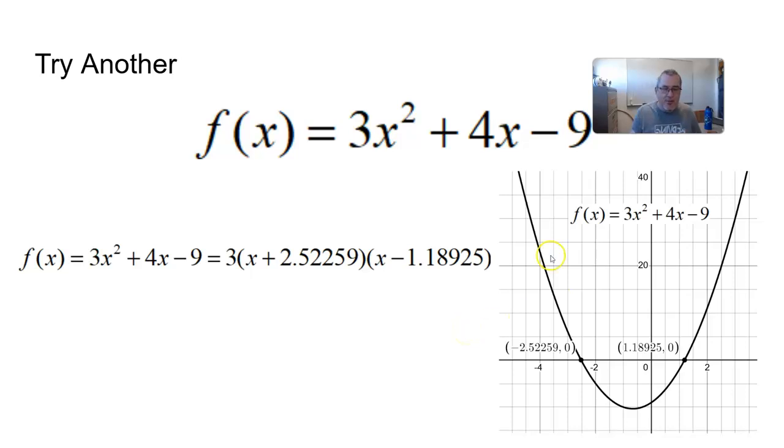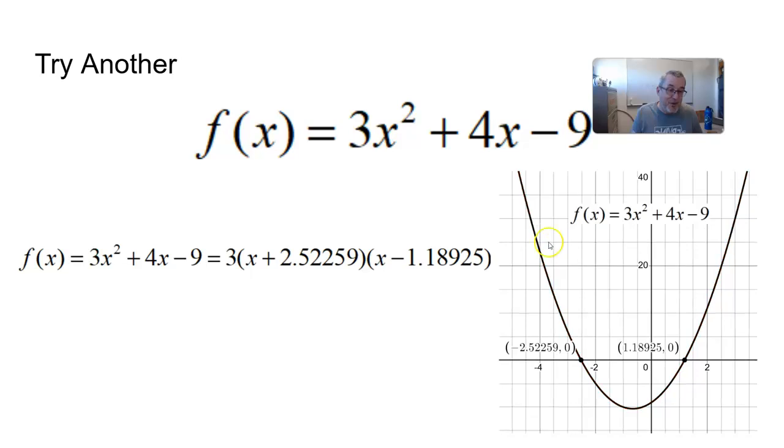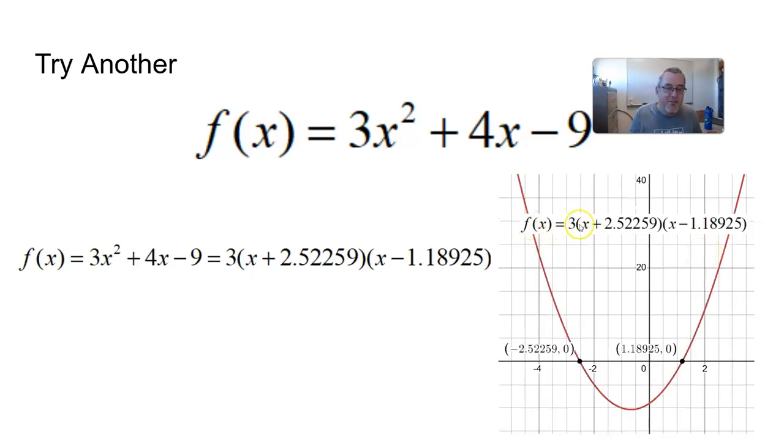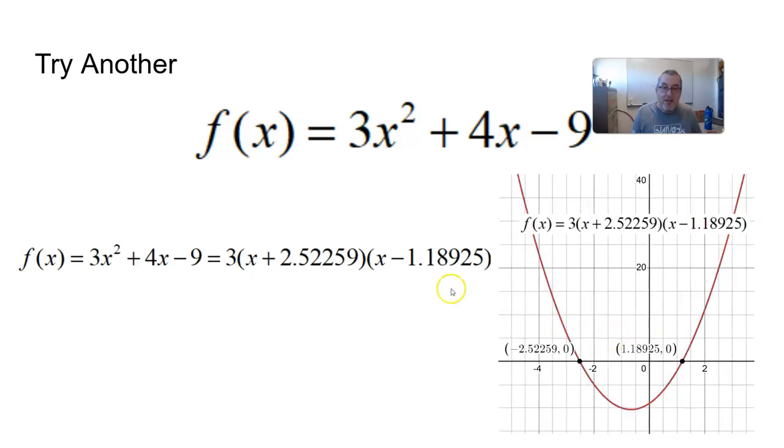Now, you can go on Desmos and fact check me here, but you just have to trust me that I just changed the colors, but I really did take that function and graph it on Desmos to get this parabola. And then I took the factored form and graphed it on Desmos, and it's the same parabola. So that's how we get it in factored form.